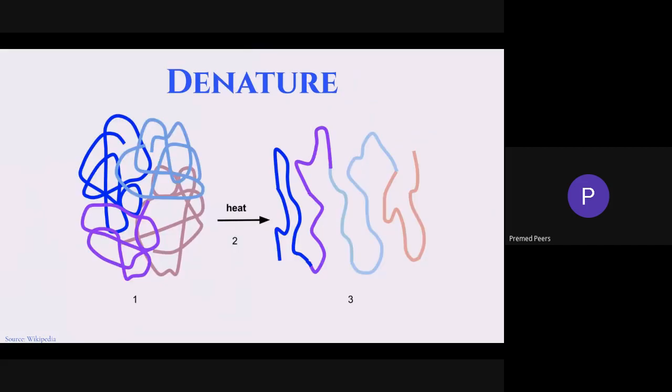The last thing that we're thinking about is the denaturation, which is something that I talked about with each of the levels. Denaturation is basically to unwrap the folding itself. And what do you need to unfold? Well, basically to disrupt all those interactions, right? How do you disrupt interactions?